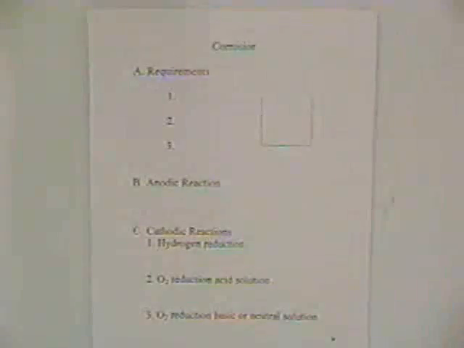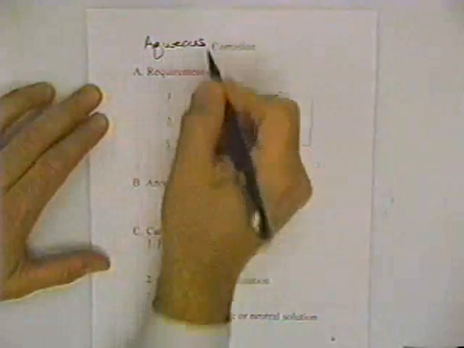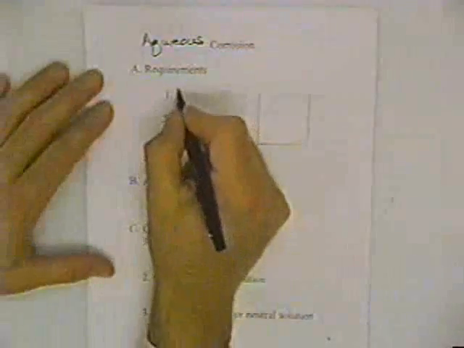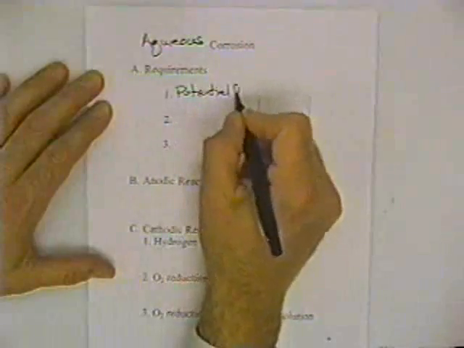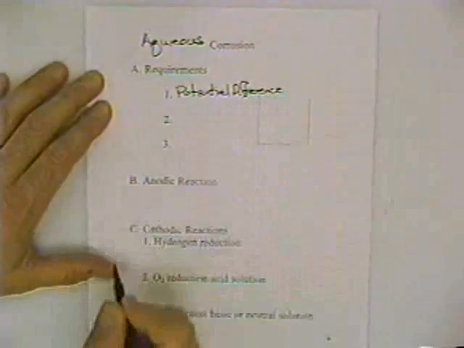Now, to get to the business of the discussion, we're going to take a few minutes and talk about corrosion. There are 3 requirements for aqueous corrosion, and these will be listed here. The first requirement is that you have a potential difference.